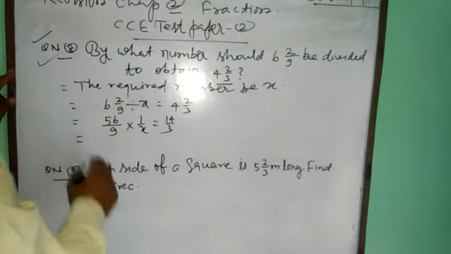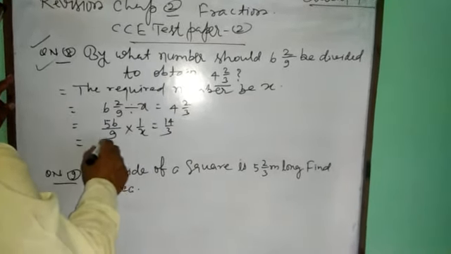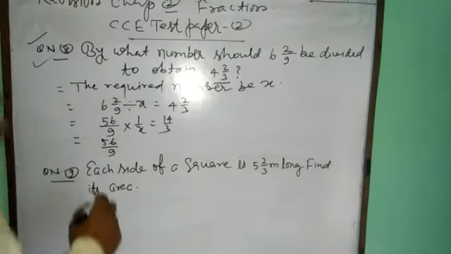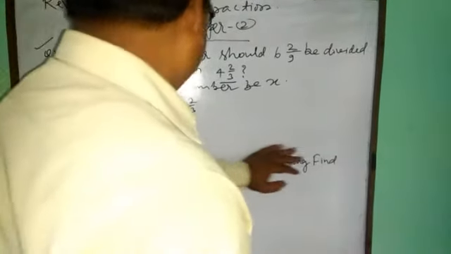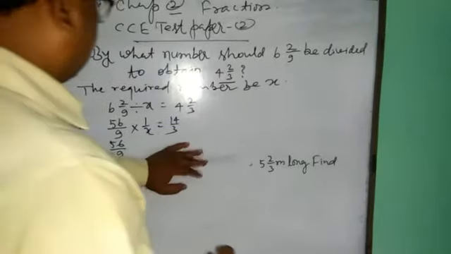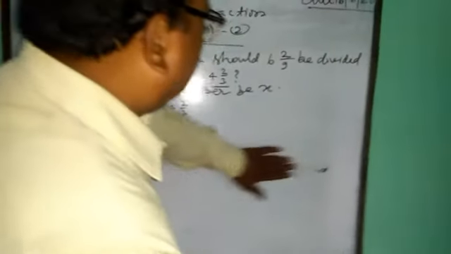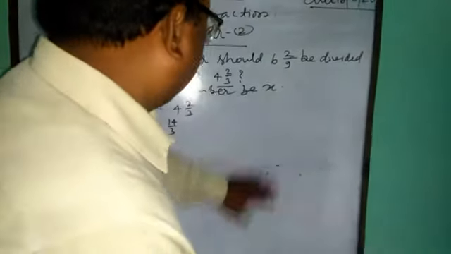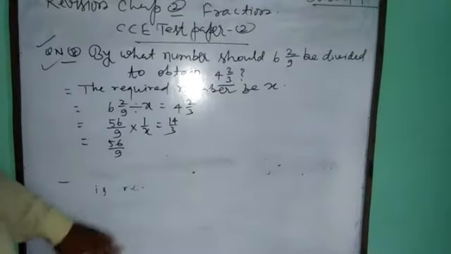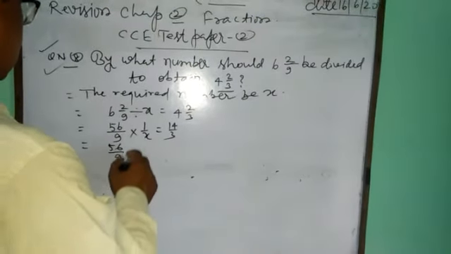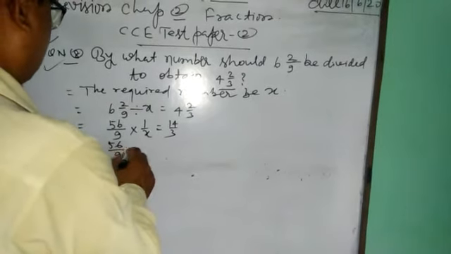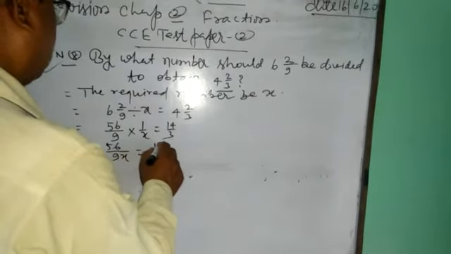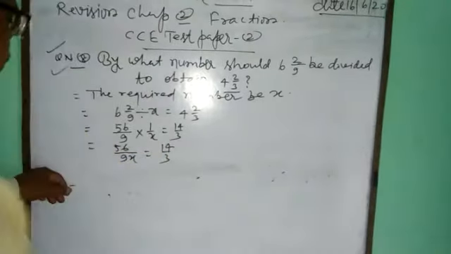Now we write 56 by 9 into x is equal to 14 by 3.